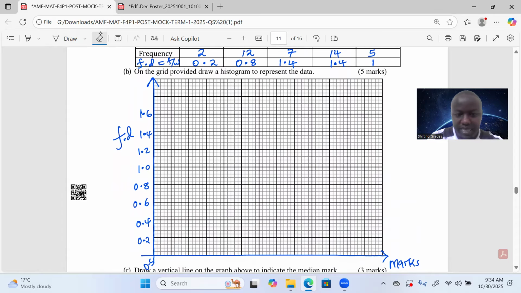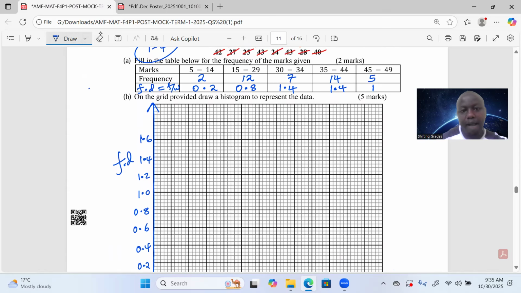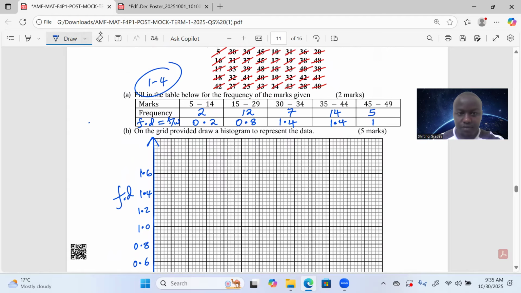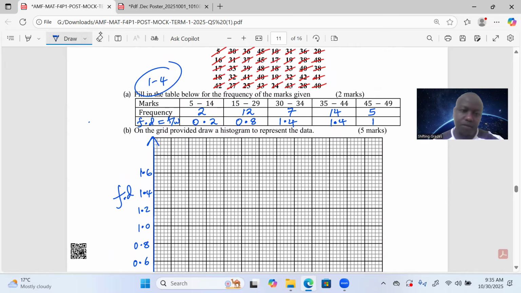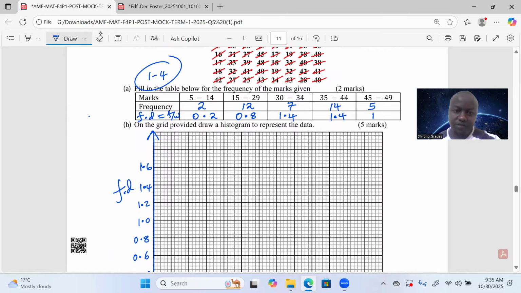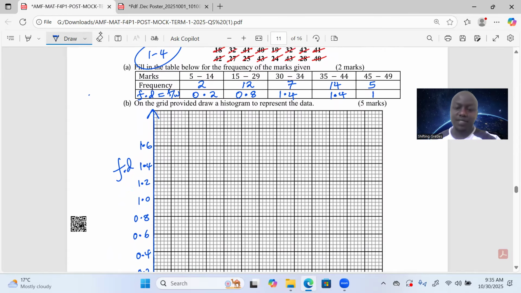Allow me not to complicate this scale. Allow me to use uniformity. Let me examine the data keenly. We can talk about intervals of 5. So let me start with the least lower boundary, which is 4.5.